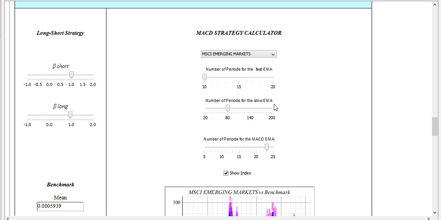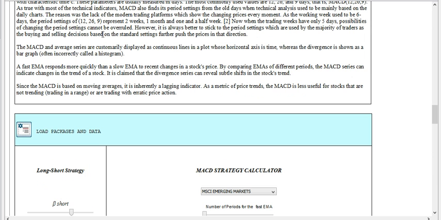With that, we create an index, which is the MACD index, and once the MACD is calculated, another moving average is calculated in order to obtain the final signal. I'm going to leave you to read the information here in order to fully understand the methodology.